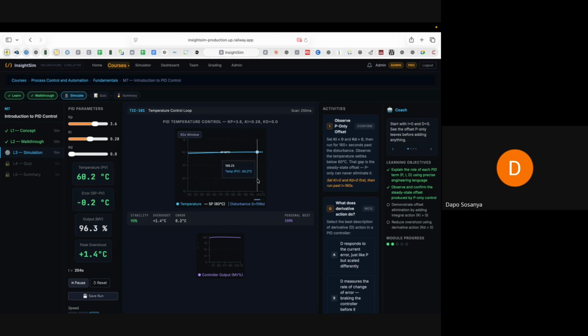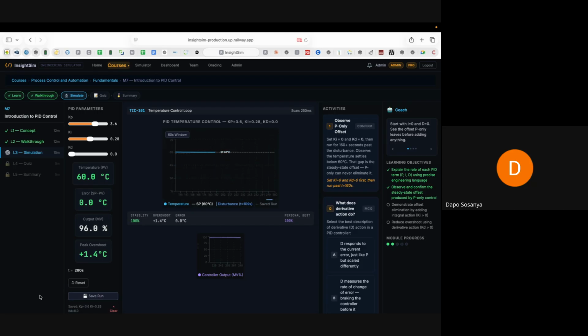And it drops. So it eventually settles at the set point. All right. So the PI controller will eventually bring the process to set point.